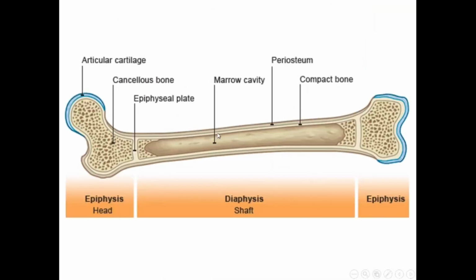The long bone, from the anatomical view, has three parts: a middle cylindrical part called the diaphysis, and two bulbous ends called epiphyses. Two epiphyses, and the middle shaft called the diaphysis.